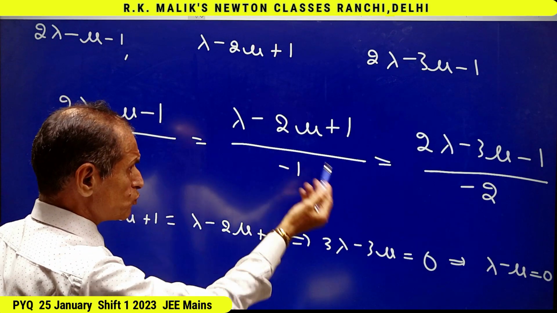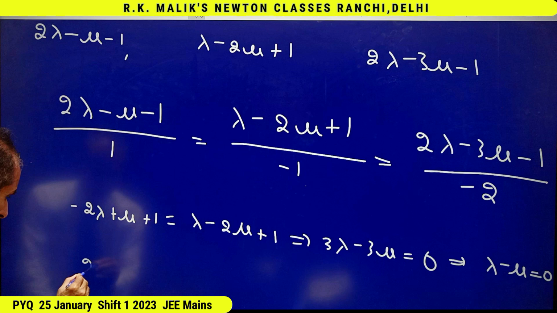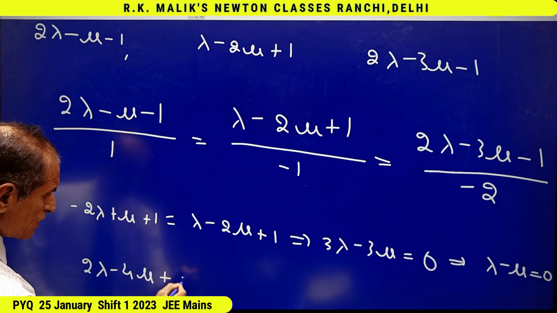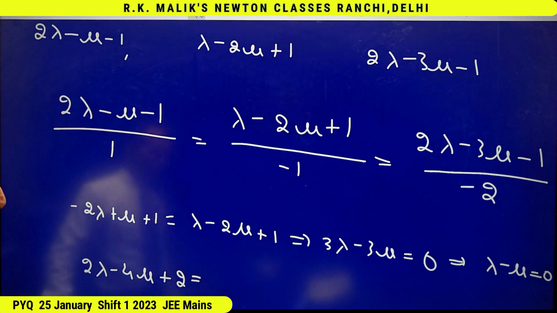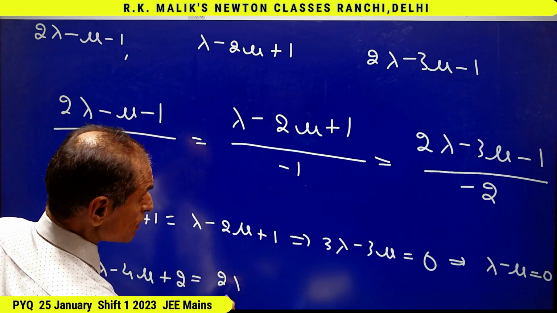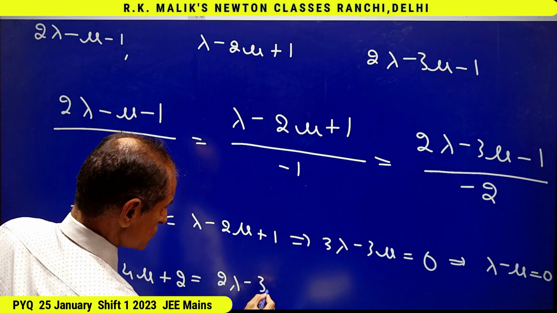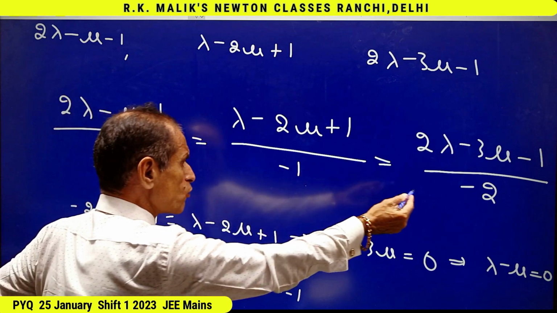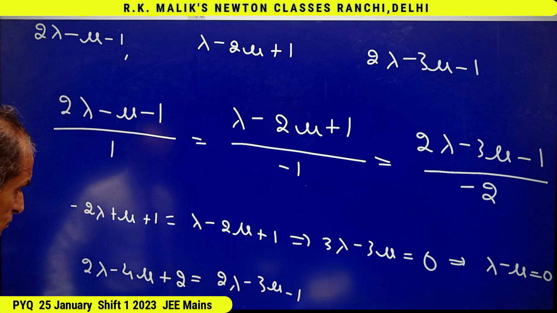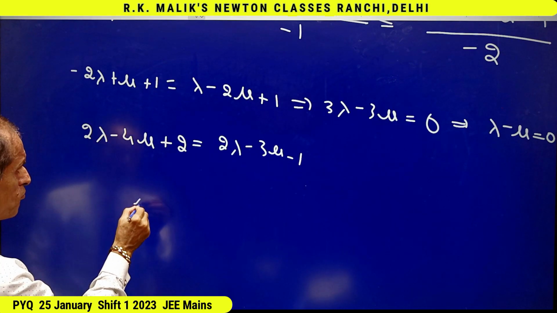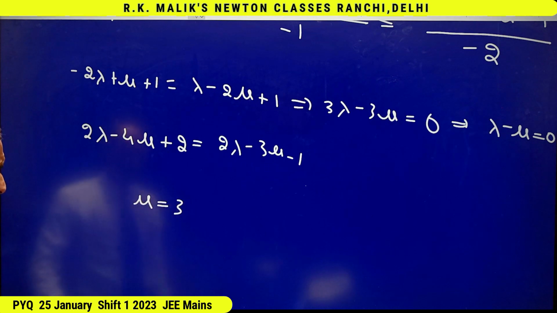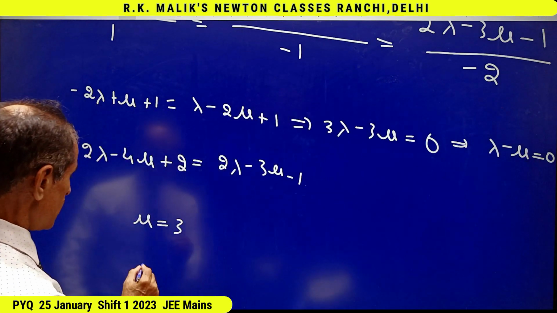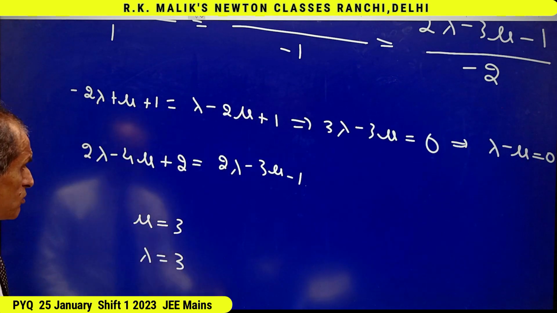And if I equate these two, I will get 2 lambda minus 4 mu plus 2 is equal to 2 lambda minus 3 mu minus 1. Note that I have ignored the negative sign in both of them. That is, I can say mu equals 3. Hence from here I get lambda is also equal to 3.